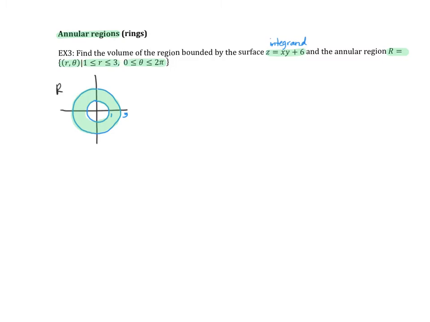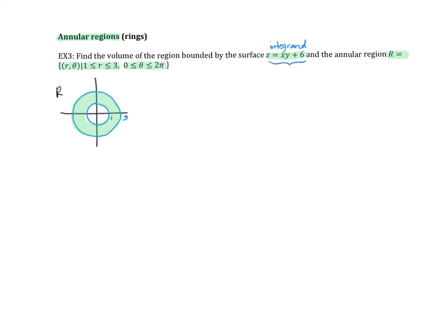I already have my limits of integration. I can just set up my volume, except my z function is written in terms of x and y. So the first step is to write my z function in terms of r and theta, because that's how my limits of integration are written. Recall that x is r cosine theta and y is r sine theta, and then I have a plus 6.